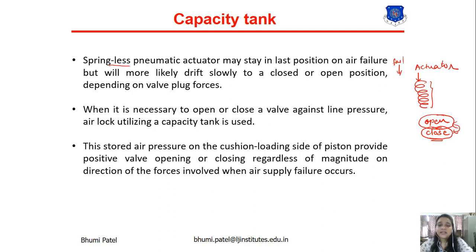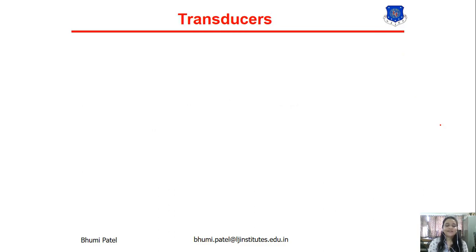So the capacity tank provides pressure to hold the valve against the pressure. So whenever the air supply pressure fails, it continues to hold the valve in the last position. Okay. Now the next one is the transducer.